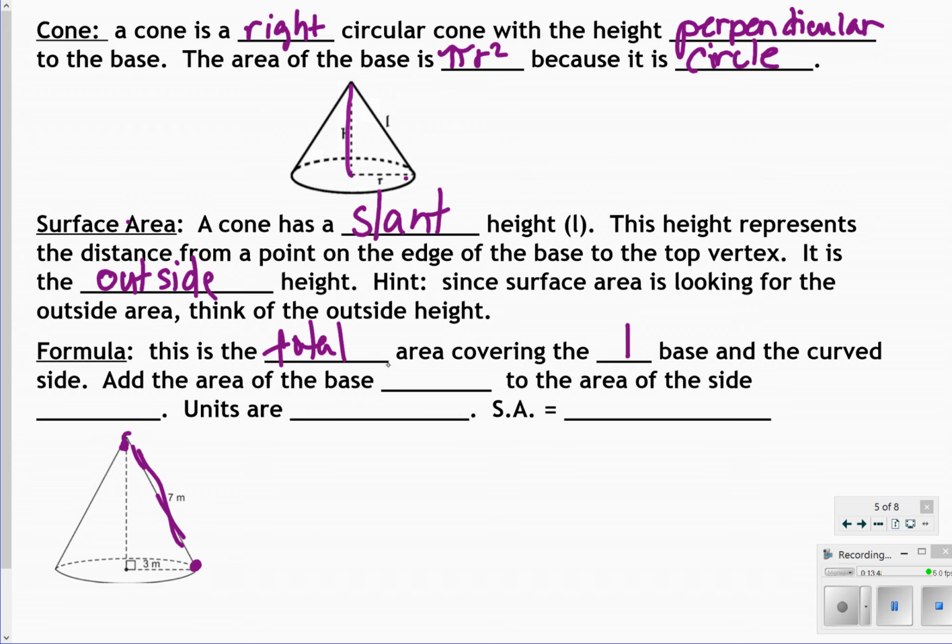The surface area of our base is going to be pi r squared because it's a circle, and the area of the side goes around a circle, so that is pi r and then our slant height, which is L. Remember, units on surface area are squared.